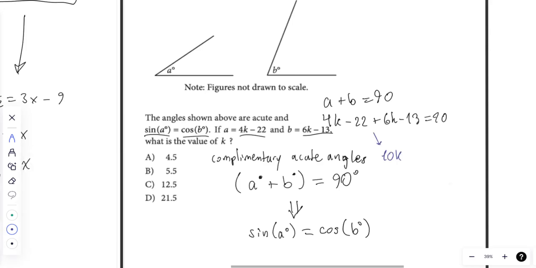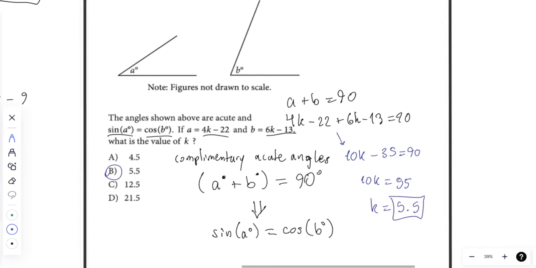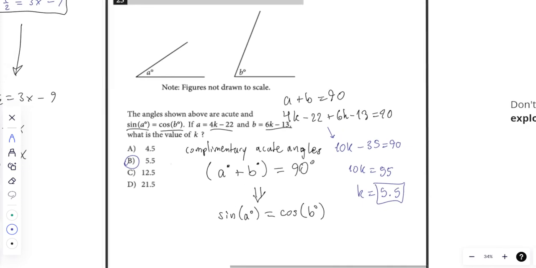So 10k minus 35 equals 90. So 10k equals 55, or k equals 5.5. This is good to know for the SAT for sure.